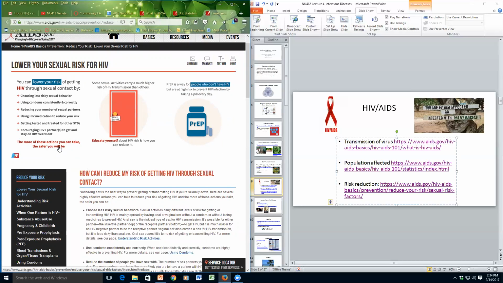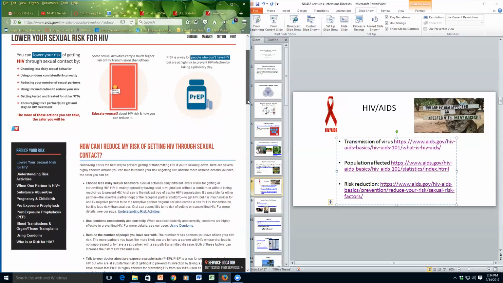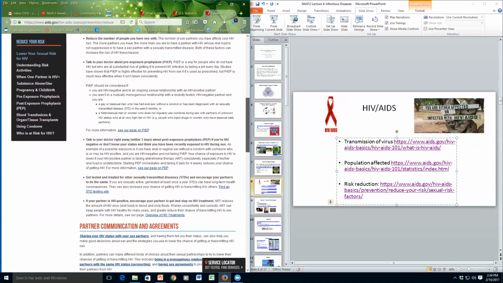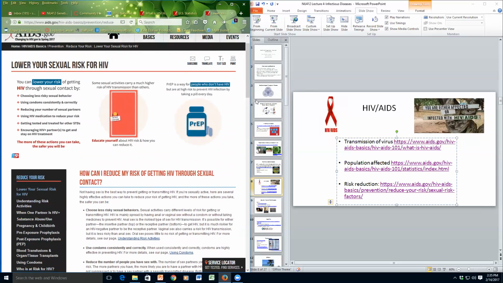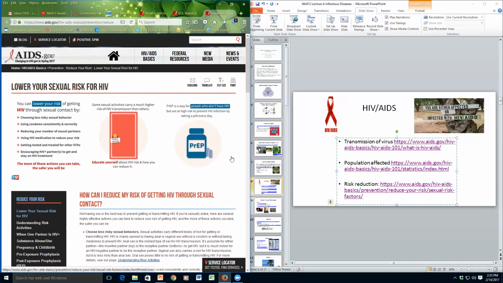For example, choosing less risky sexual behaviors, using condoms correctly and consistently, reducing the number of sexual partners, getting tested and treated, using HIV medication to reduce their risk, and encouraging partners to get and stay on HIV treatment. Significant public health issue and something that we as nurses often come across in our daily practice. But as you can see from this website, there's a lot of good information, easy to understand, easy to read, and well-developed public health messages.